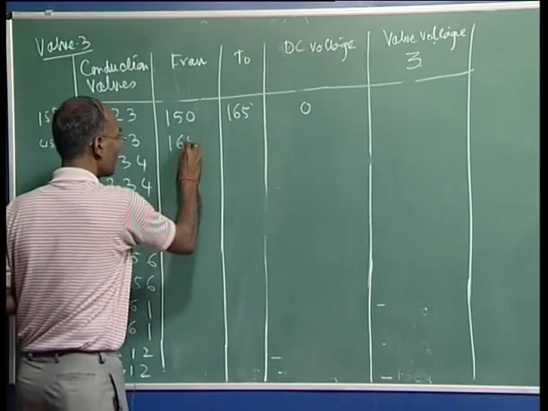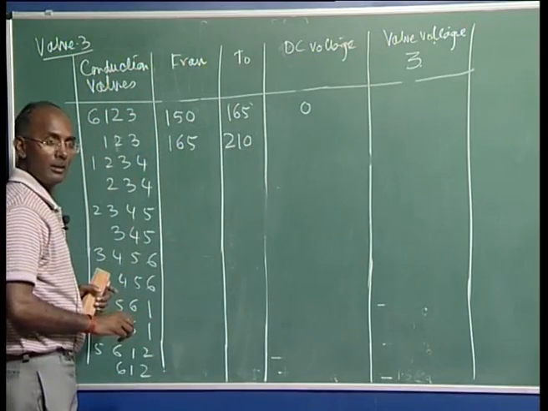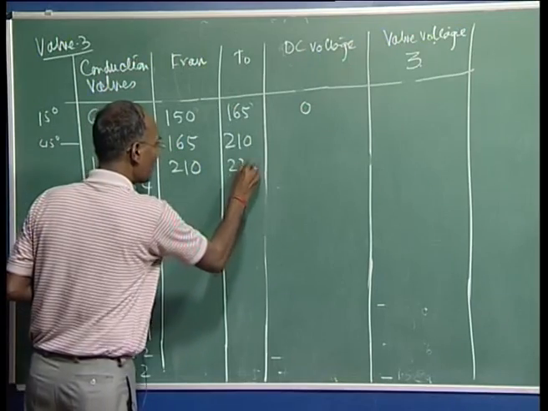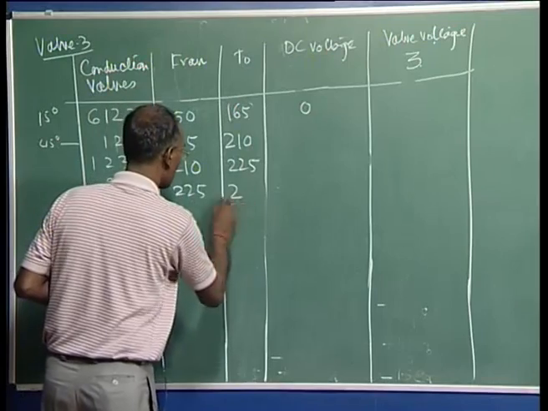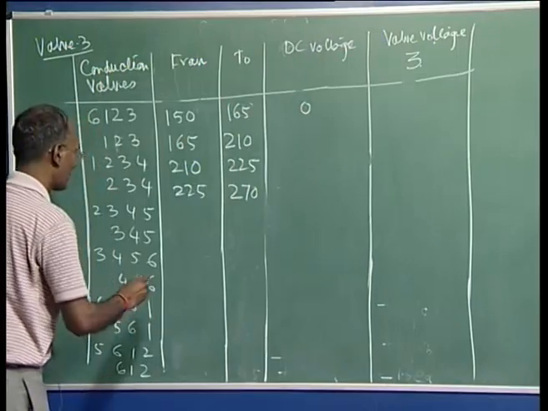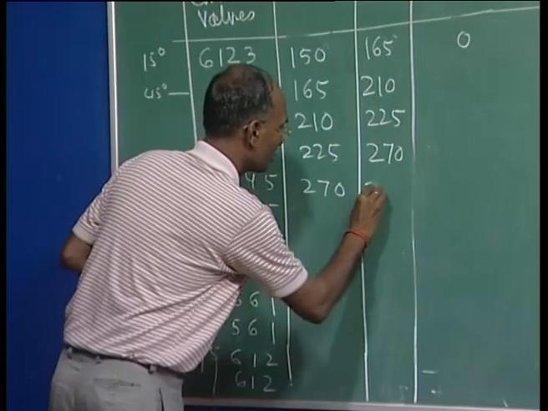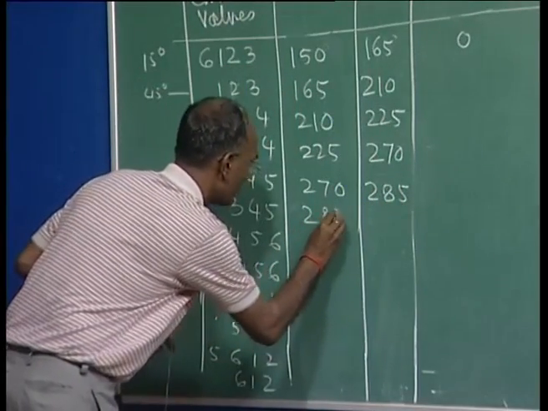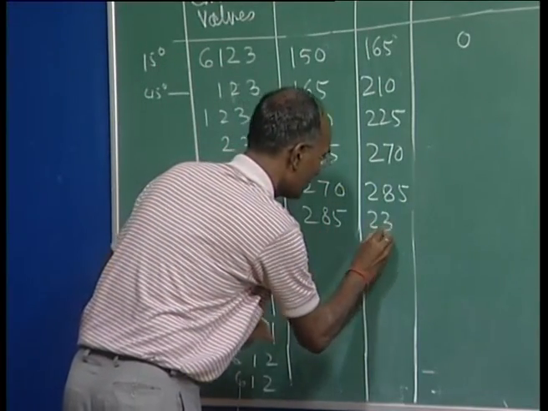So, it will be 165, then 210, 225, then 225 again, then 270. Let us check whether we are going in the right direction or not. So, 285, and from 285 add 45, so it is 330.